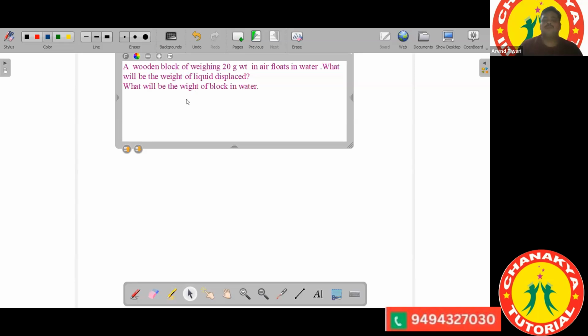Okay. So what would be the weight of block in water? These two are the questions. Also, what is the value of upthrust?